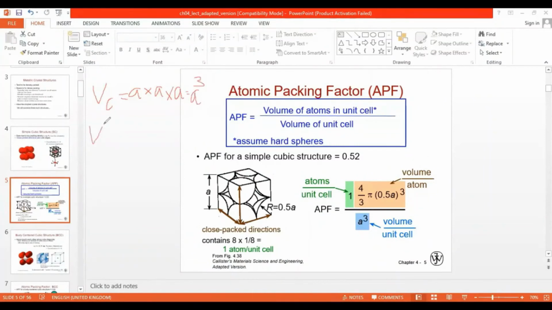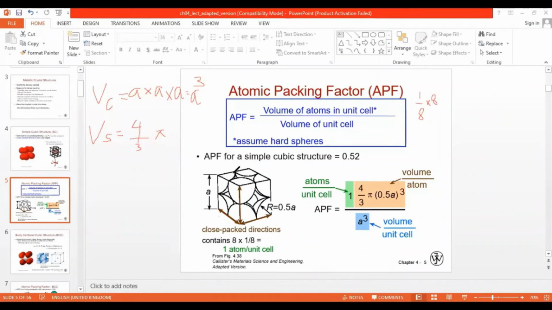Similarly, volume of sphere. Sphere is this one. You have seen that it is one sphere in all, so 1/8 volume into 8 pieces of structure atom. So that is one atom. Volume of sphere is 4/3 pi r cube. Now this is A for the cuboid.